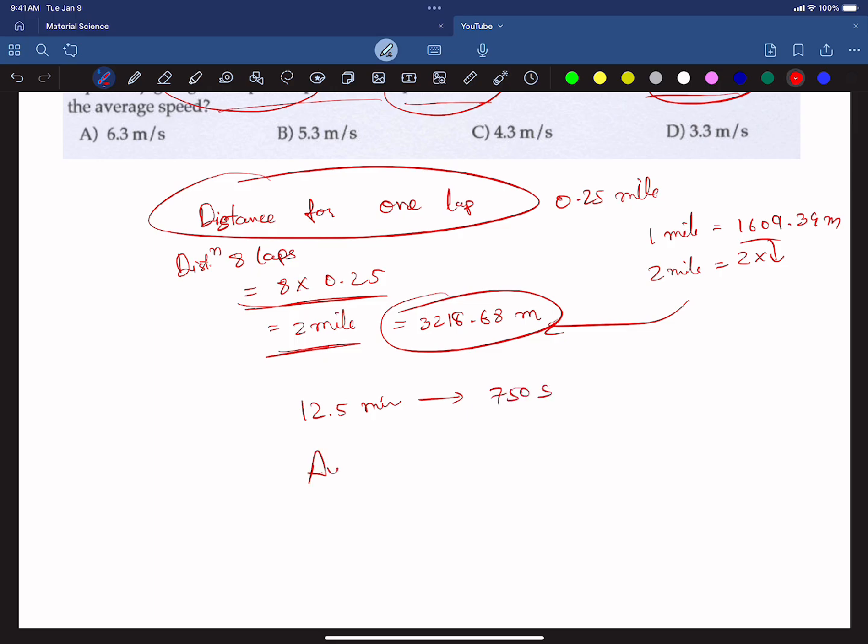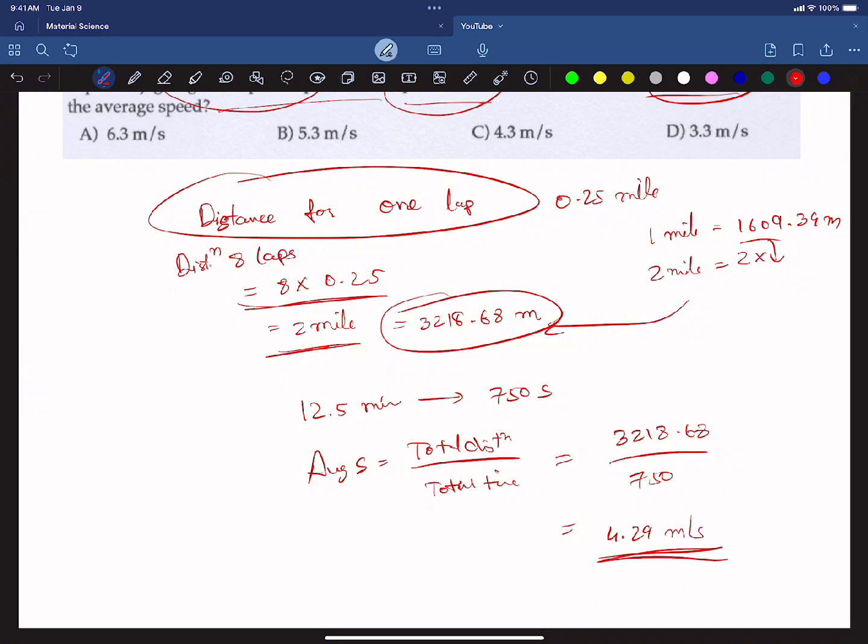So average speed equals total distance over total time taken by the object. So 3218.68 divided by 750 will give you 4.29 meters per second.